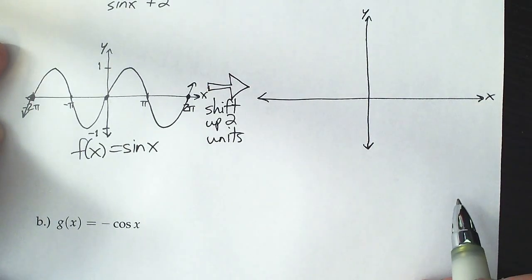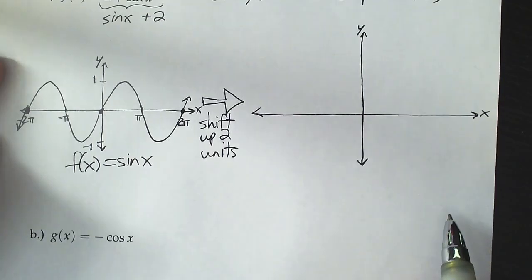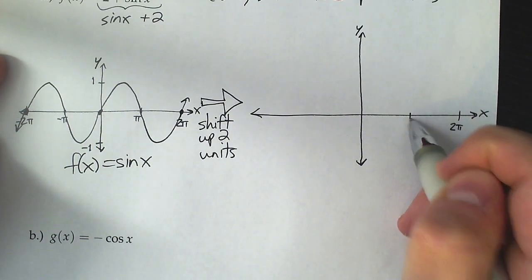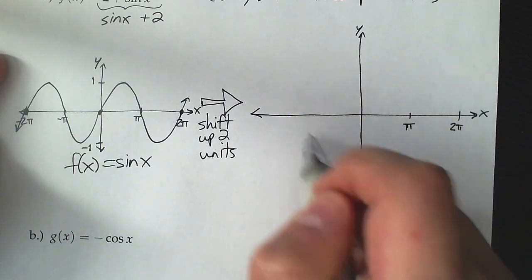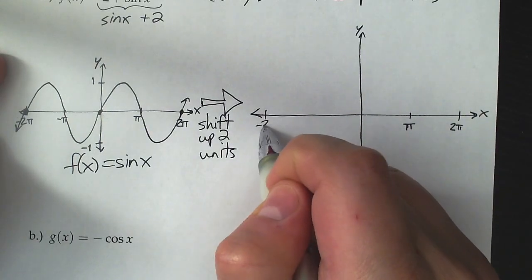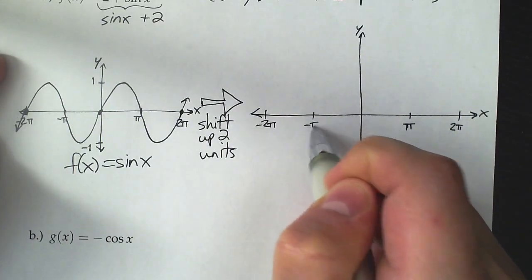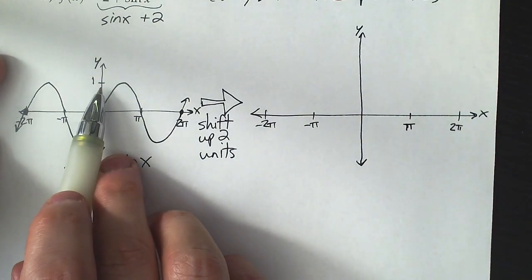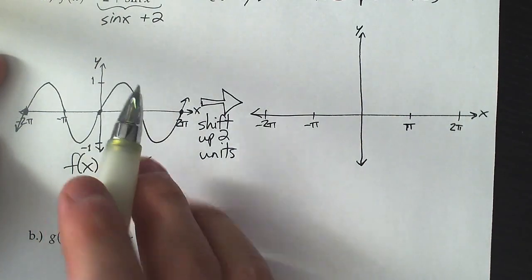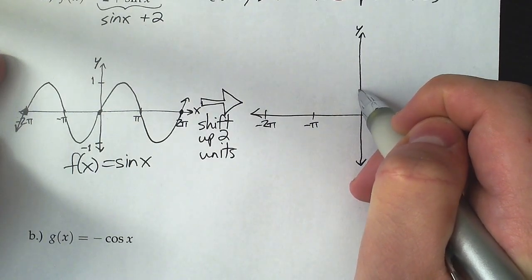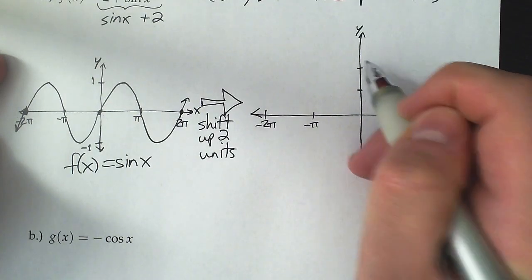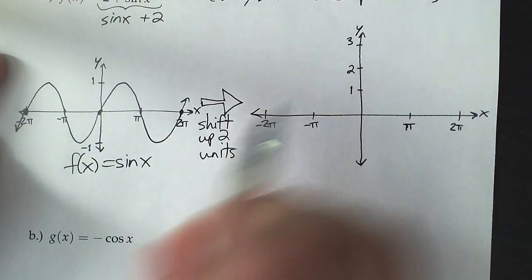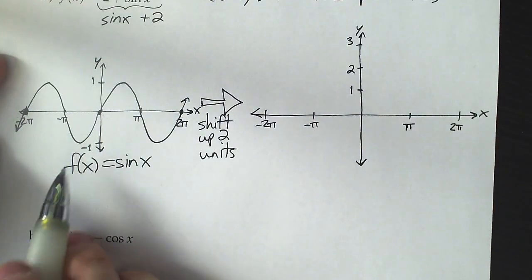So now in our shift up 2 units, maybe we'll have the same 2 pi over here, pi. Well, I guess if you think about it, the original graph, the highest it went was a height of 1. So on the new picture, the highest that we're going to go is 3. On the old one, the lowest it went was negative 1.